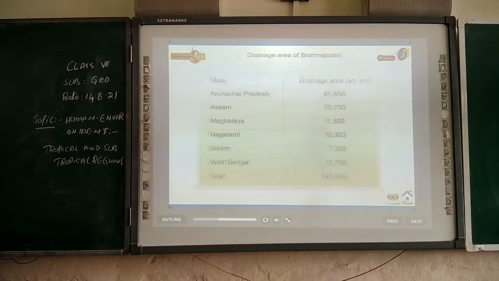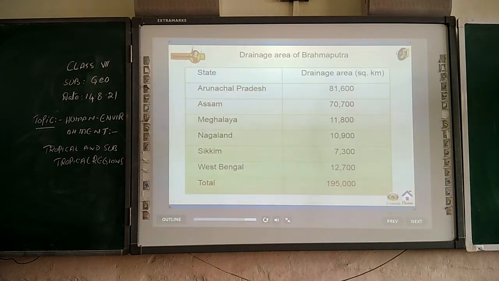Now look at the drainage area of the Brahmaputra in various states of India through this table. So Brahmaputra touches Arunachal Pradesh, Assam, Meghalaya, Nagaland, Sikkim, West Bengal, and totals almost 1,95,000 square kilometers. Almost all of it is in 7 states.